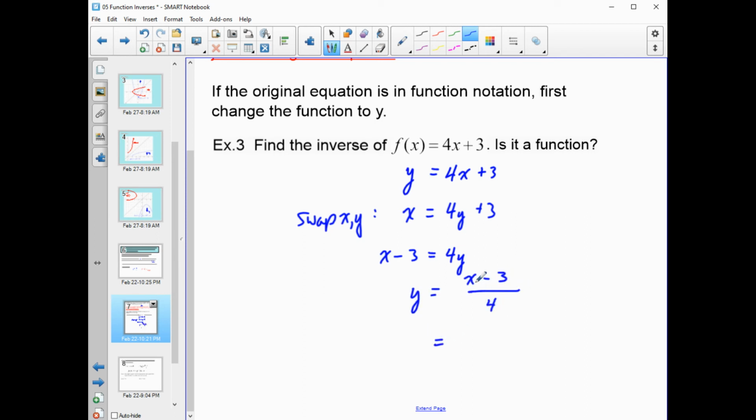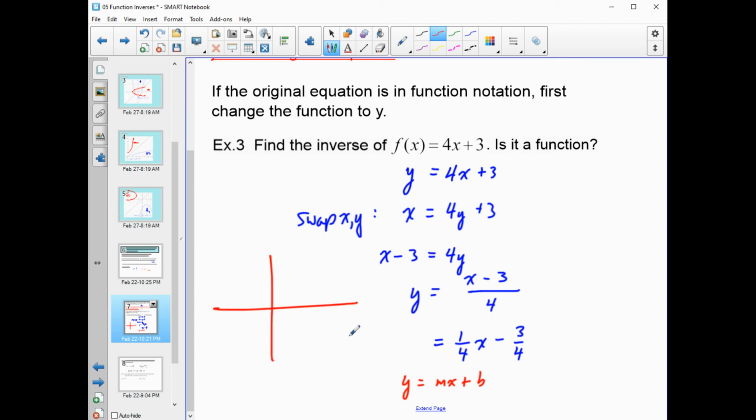which you might choose to write in slope-intercept form, just to make it a little bit more familiar, 1/4 x minus 3/4. And the fact that I can write that in the form y equals mx plus b tells me that this is the equation of a straight line.